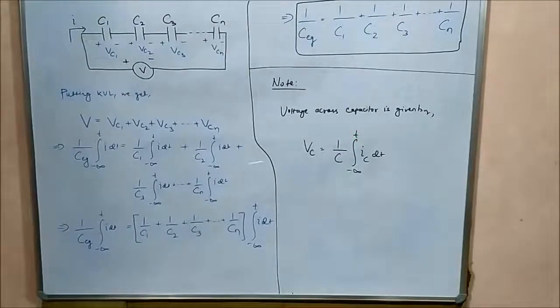Then we took the integral of i dt common because the circuit current I is the same in each of these capacitors, and we cancelled it out from both the LHS and the RHS, which left us with 1 by C equivalent is equal to 1 by C1 plus 1 by C2 plus 1 by C3 up to the nth capacitor reciprocal. So this is the derivation of the mathematical expression for equivalent capacitance of series combination of capacitors. Next we are going to study about capacitors connected in parallel.